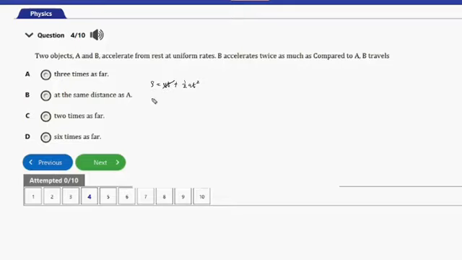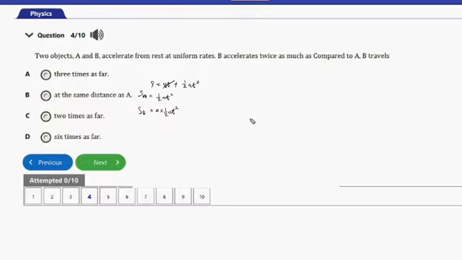So ut cancels out. So in that case, for object A, s for A is equal to half at squared. That's for A here. And then for B as well, s for B here will be 2 times half at squared. And that's because it's actually accelerating 2 times that of A.